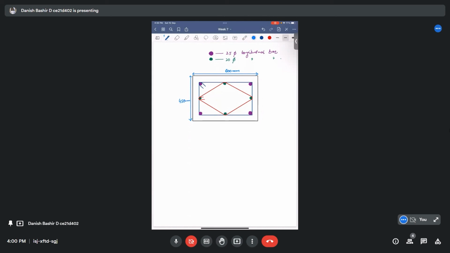What we provided: 25 mm bars at corners, and 20 mm bars at the middle of each face.